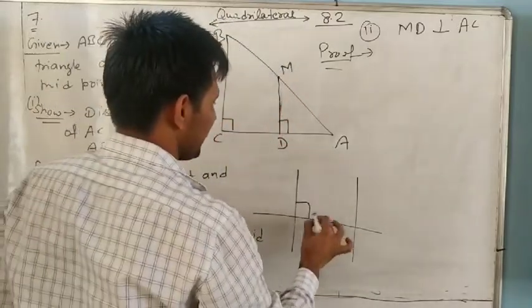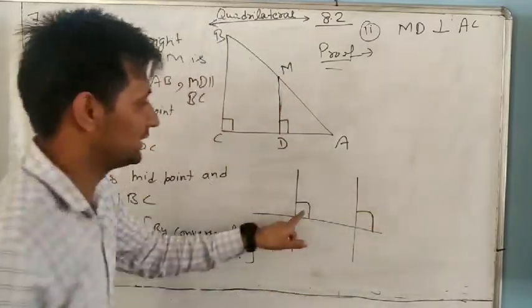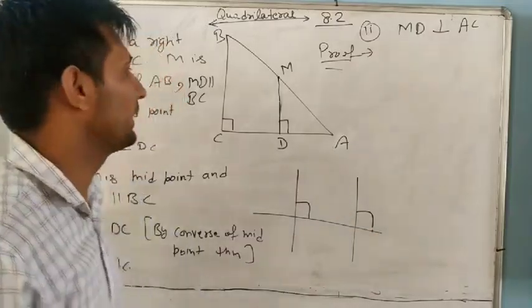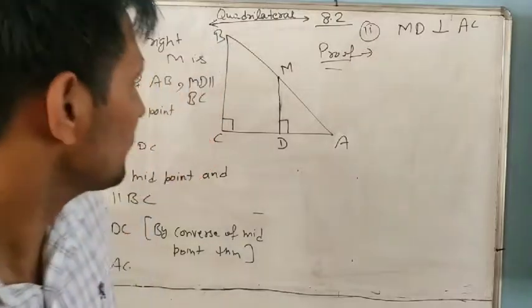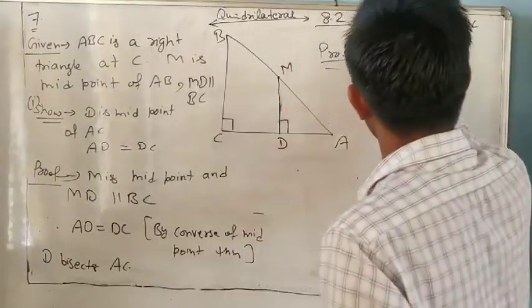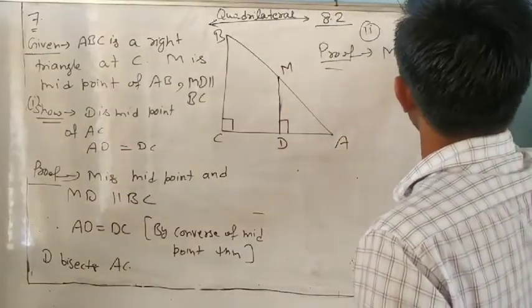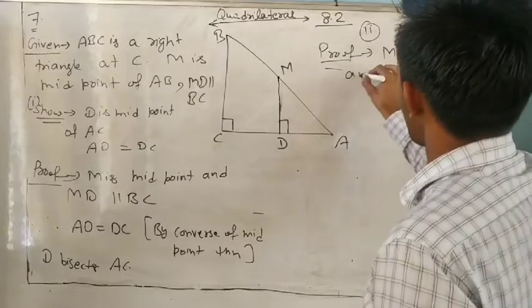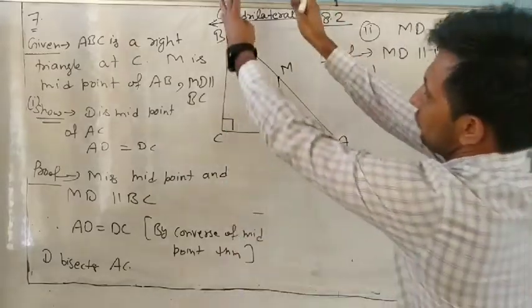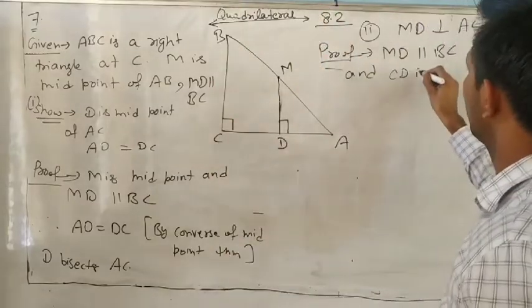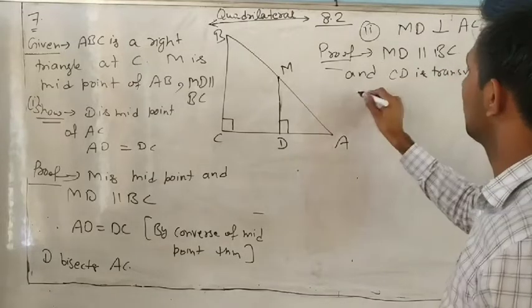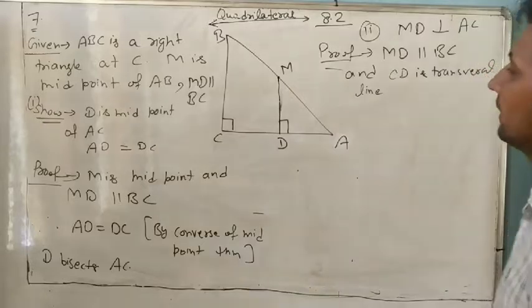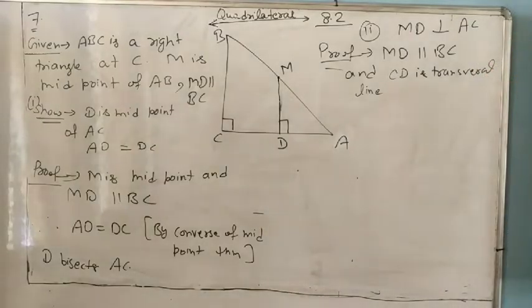So these two angles are corresponding angles, which are always equal. So you can write: proof, MD is parallel to BC and CD is a transversal line.